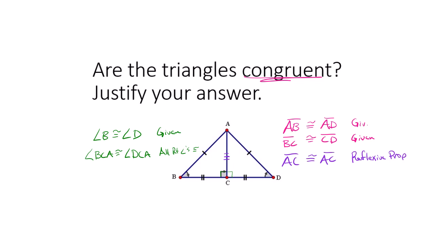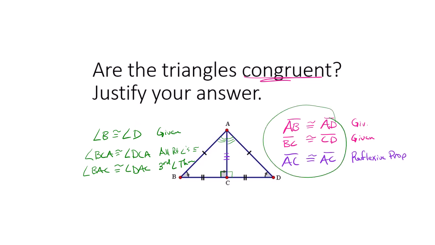Since we know that two angles in this triangle on the left are congruent with the two angles in this triangle on the right, we can use the third angle theorem and say that, okay, well, angle BAC must be congruent with angle DAC. And we can say that by the third angle theorem.